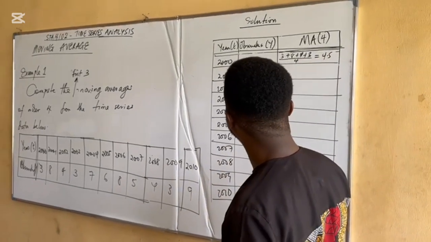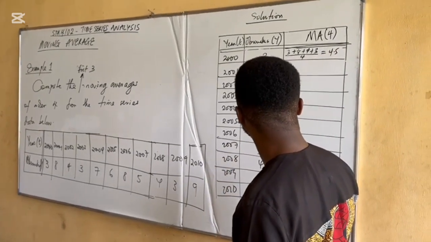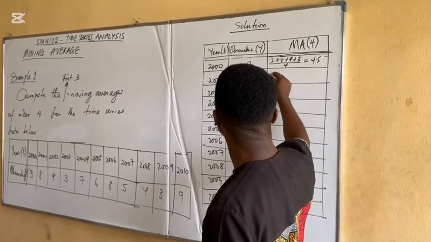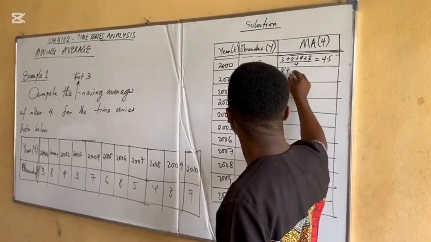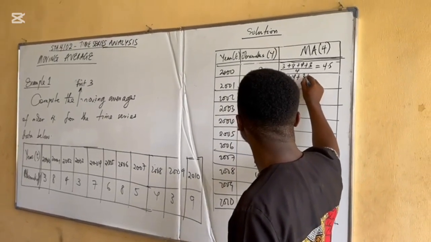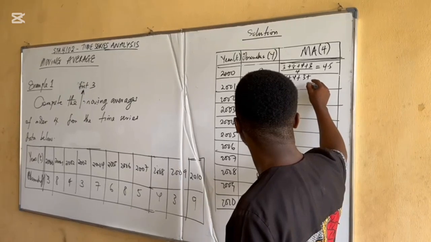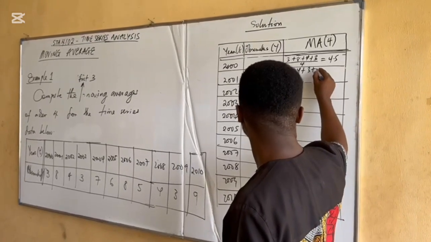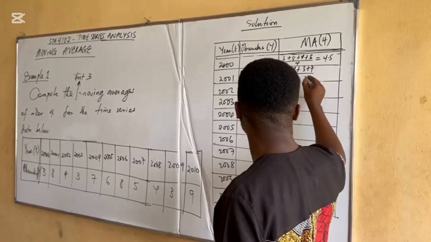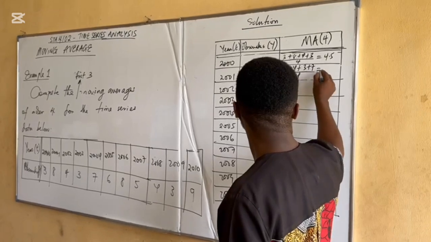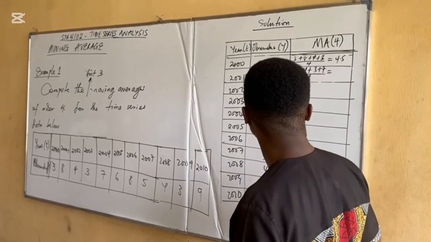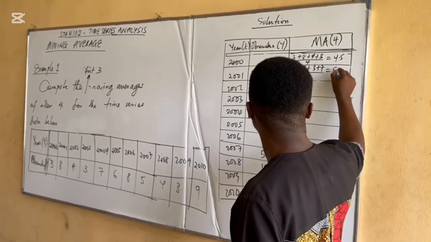Then the next one should be what? The next moving average of order 4 will be 8 plus 4 plus 3 plus 7, divided by 4. That will give you 5.5.